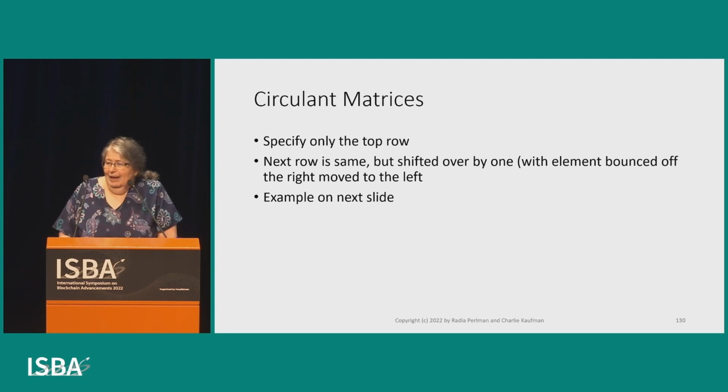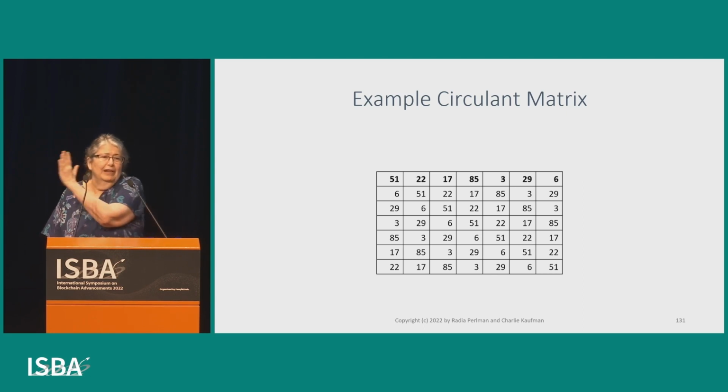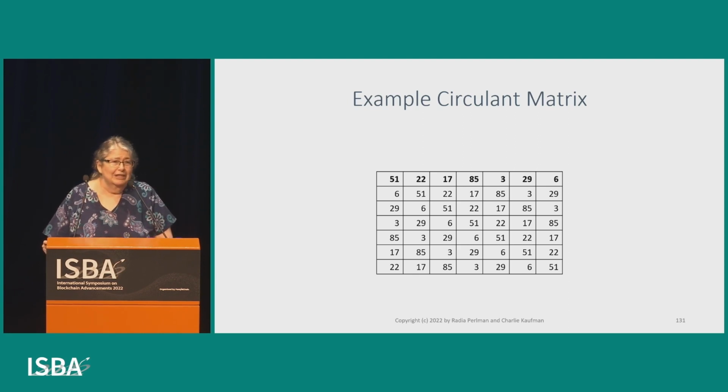This is an example of a circulant matrix. You'll notice that everything is being shifted right, and whatever fell off the other side gets brought in on the left side. So to tell you this matrix, all I have to do is tell you the top row, and you know what the whole matrix is.